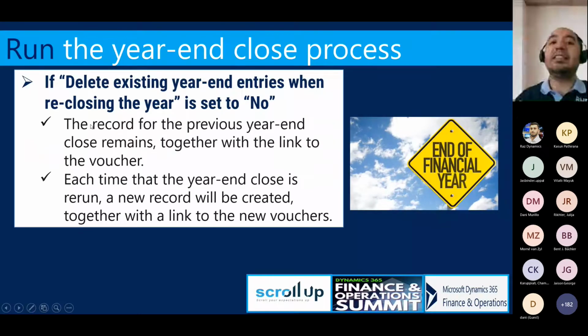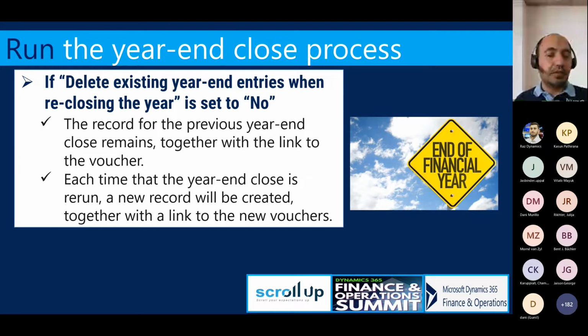If delete existing year entries when reclosing is set to no, the record of the previous year-end close remains together with the link to the voucher. Each time the year-end close is rerun, a new record will be created together with a link to the new voucher. So only the new voucher will be created, only for the amendments that are done, and there will be a line with a link to the new voucher.